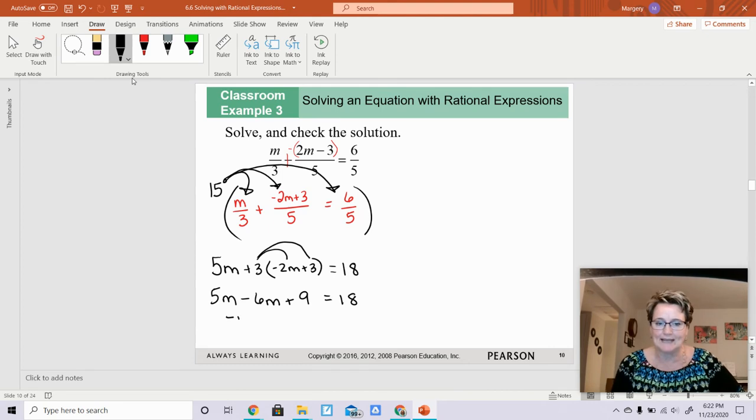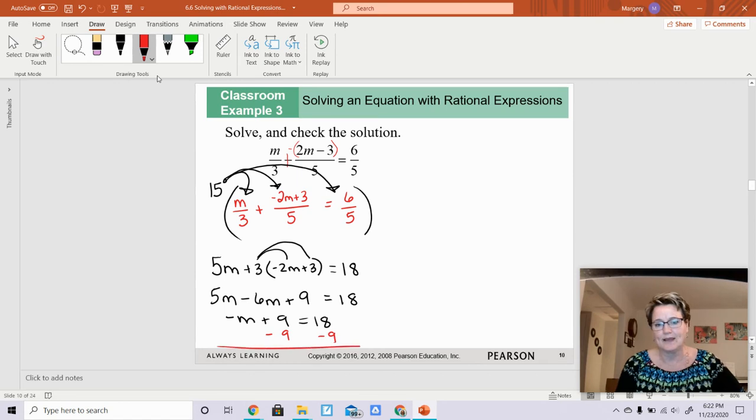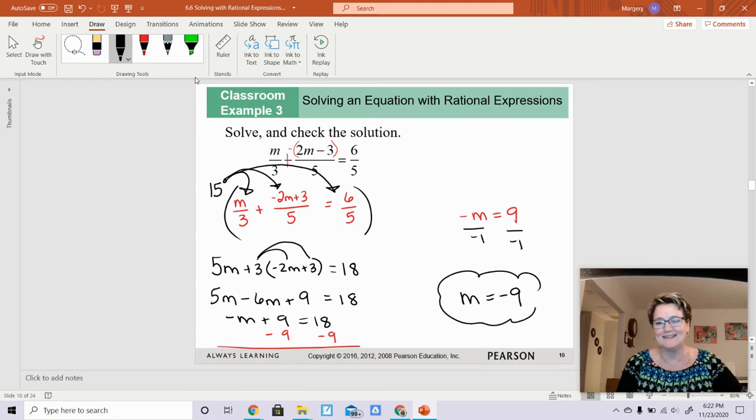So I get negative m plus 9 equals 18. I want to try to get m by itself, so I'm going to subtract 9 from both sides. And you get negative m equals 9. Now I'm going to divide by negative 1, and m is equal to negative 9. And there's your answer.